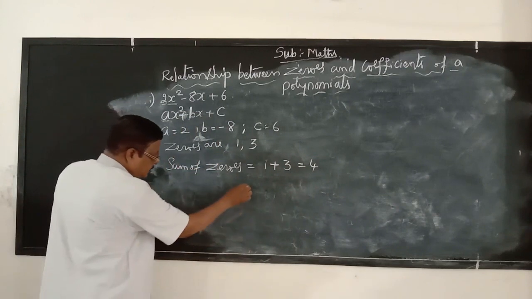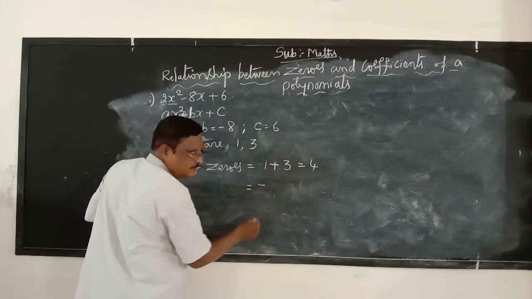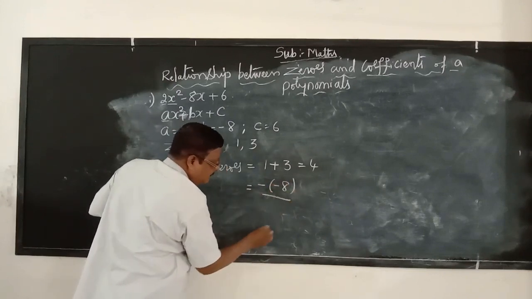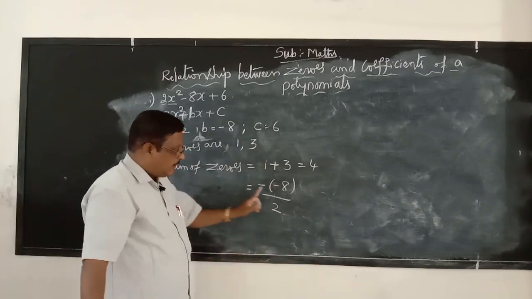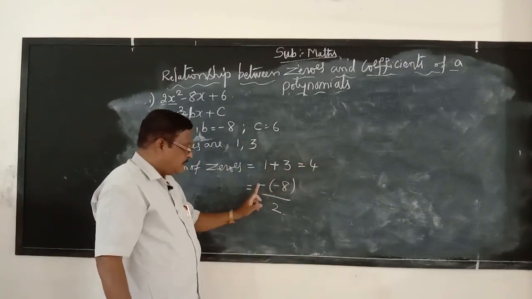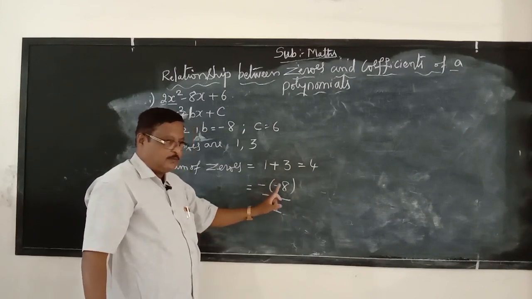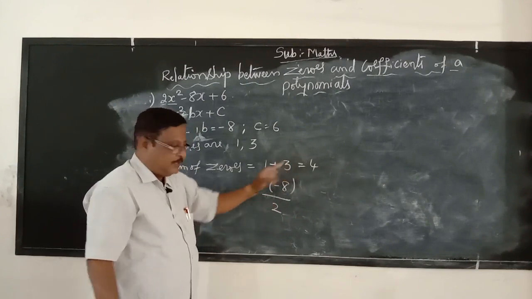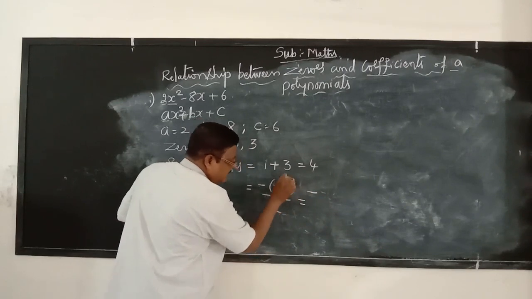Here it is equal to, see here, minus of minus 8 by 2. 4 can be written as minus of minus 8 by 2. Here minus into minus plus 8 by 2 is nothing but 4. What is this one? This one is minus as it is. What is minus 8?